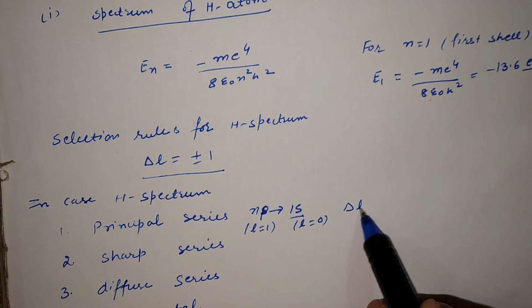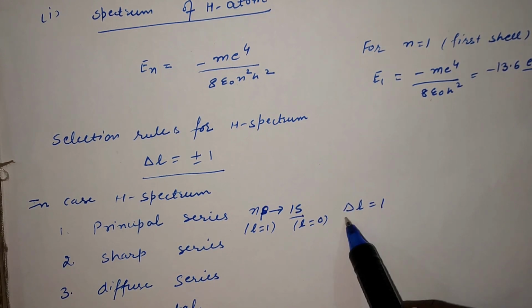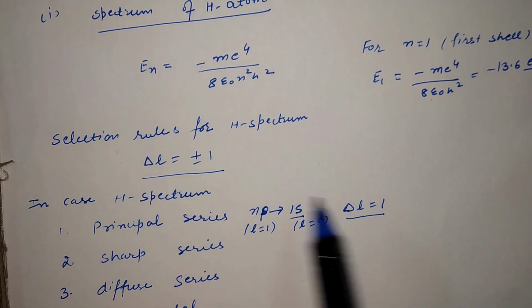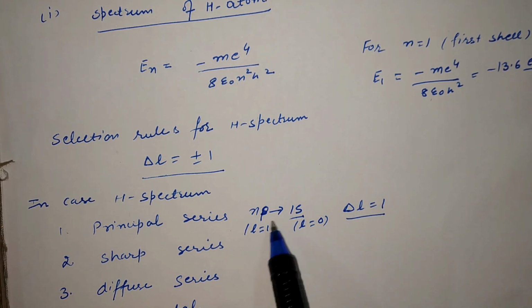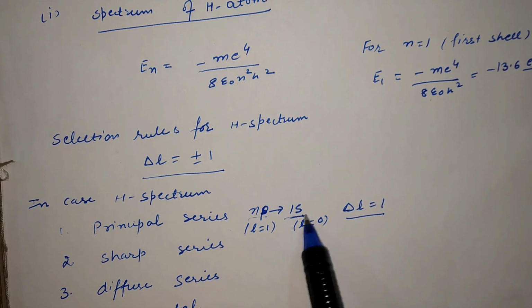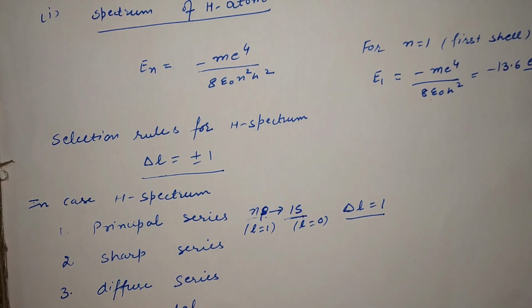It means that delta L is plus 1, which satisfies the selection rule, so these transitions are allowed. All these transitions from np to 1s form a series which is called the principal series.